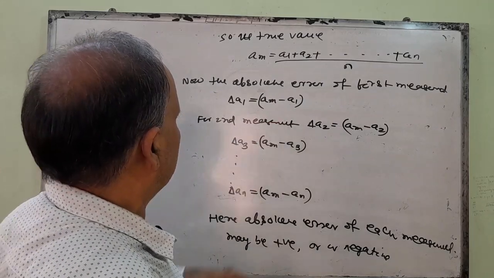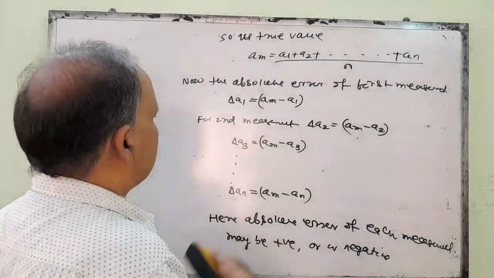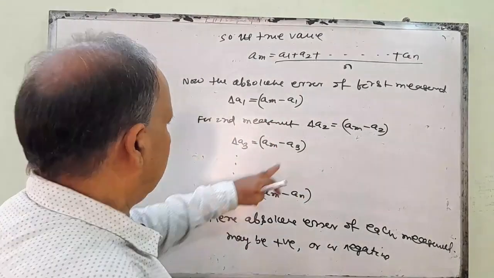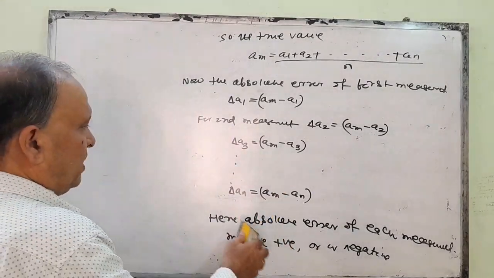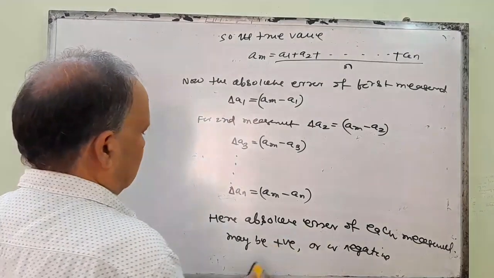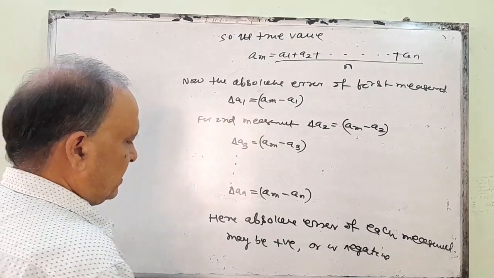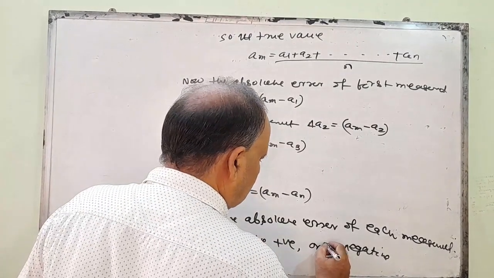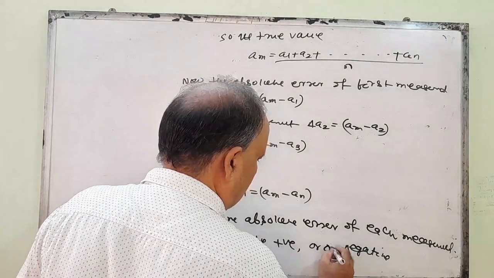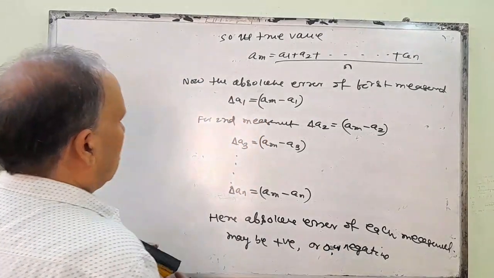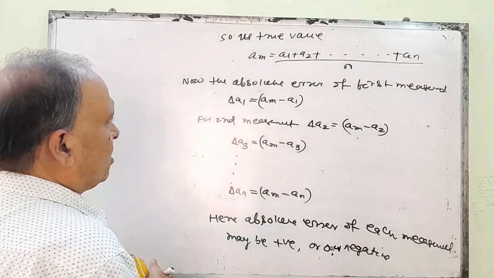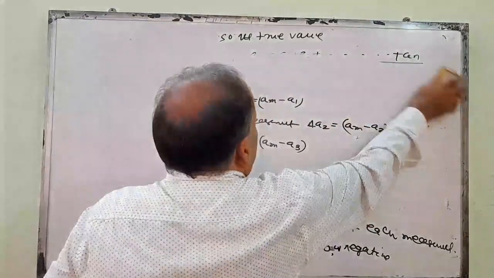In that case, it is positive. In some cases, mean value is less than individual measurement. In that case, it is negative. And in some cases, mean value is equal to individual measurement. In that case, it is 0. You remember. So, these are the absolute errors of each measurement.